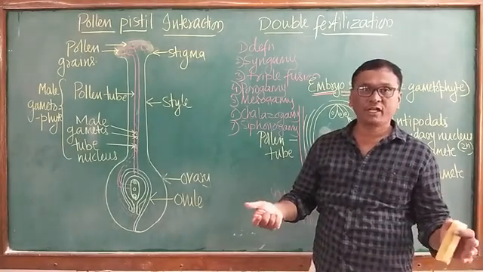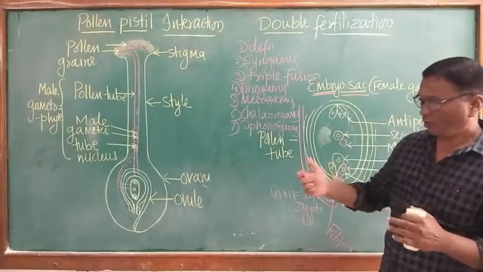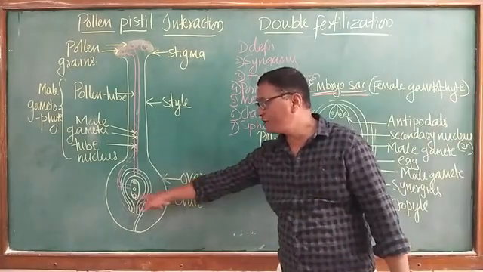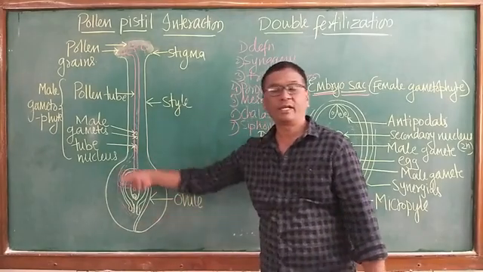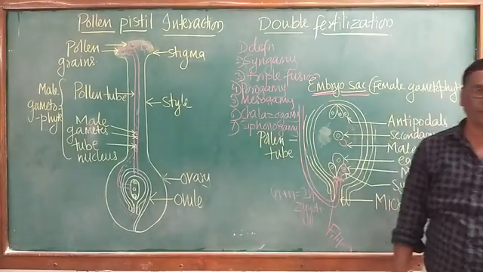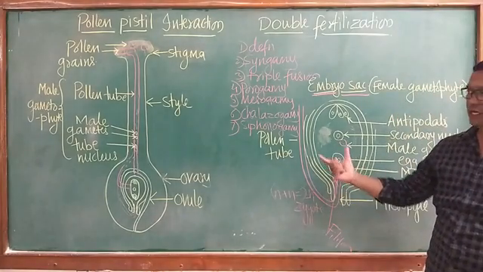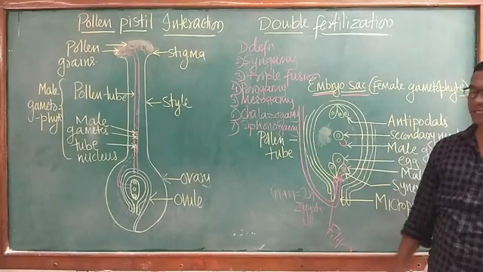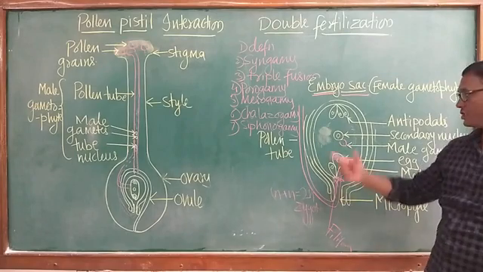Many ovules fertilized, many seeds develop in the ovary. And when seeds begin to develop in the ovary, the ovary wall gets converted into the fruit wall, and finally, after fertilization, there is formation of seed from the ovules and fruit from the ovary.